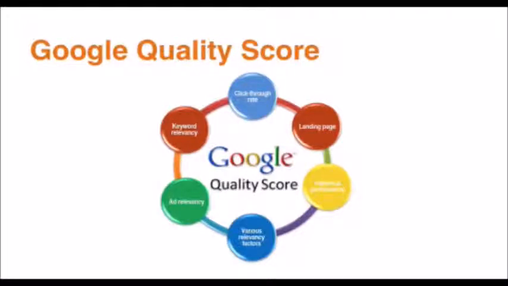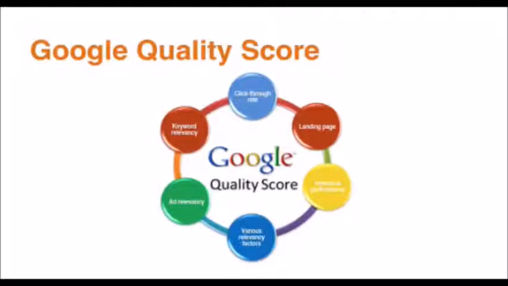Google's entire objective is to make sure that the people that are searching in Google find what they're looking for. And that doesn't just go for the organic results, it goes for the ads as well. So they are looking at your ads and they're measuring all these different factors: the click-through rate, the landing page relevancy, the historical performance of your campaigns, the actual ad relevancy, the keyword relevancy.